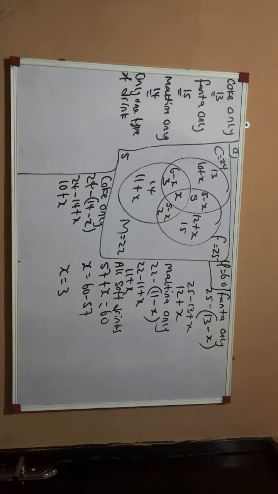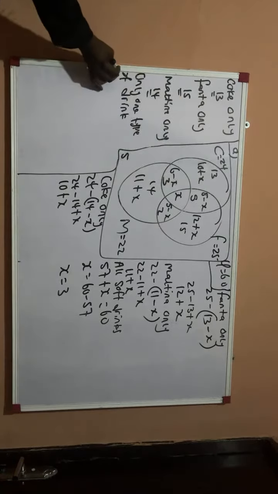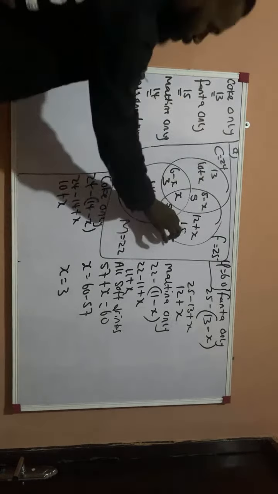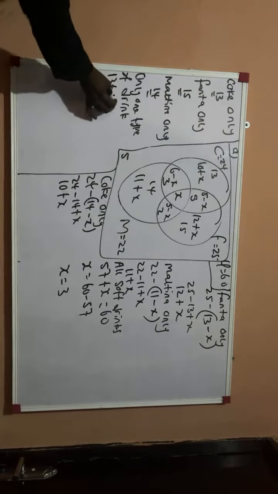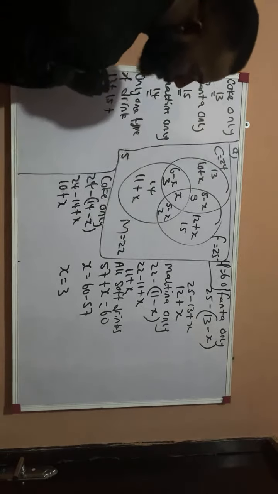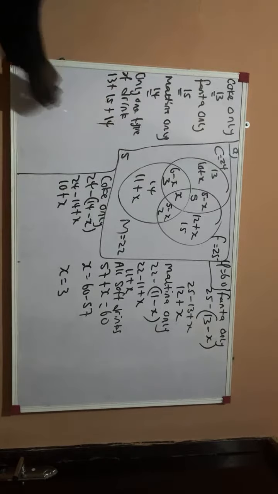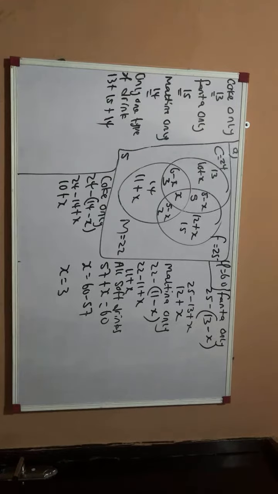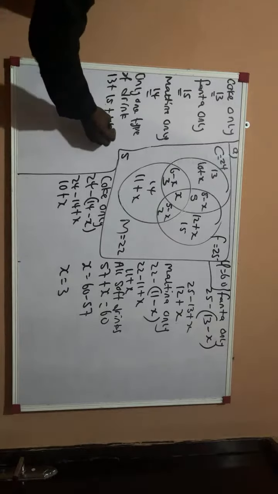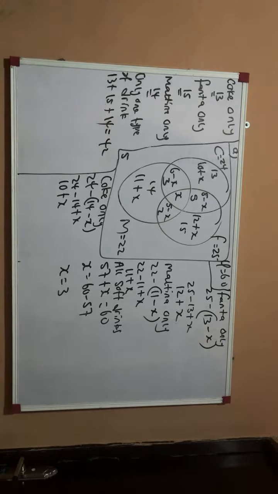Now, only one type of drink becomes Coke only, which is 13, plus Fanta only, which is 15, plus Maltina only, which is 14. Okay, now 13 plus 15 will give us 28. 28 plus 10 will give us 38. 38 plus 4 will give us 42. So 42 numbers drank only one type of soft drink.